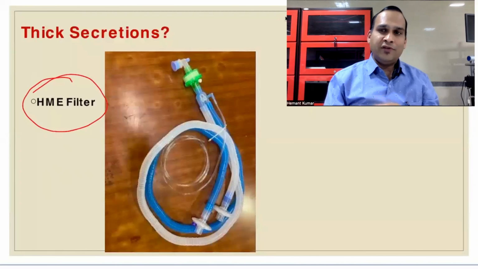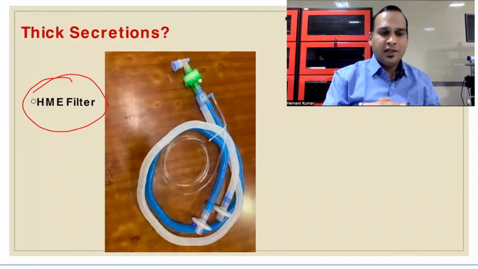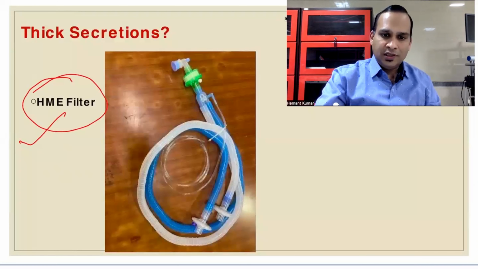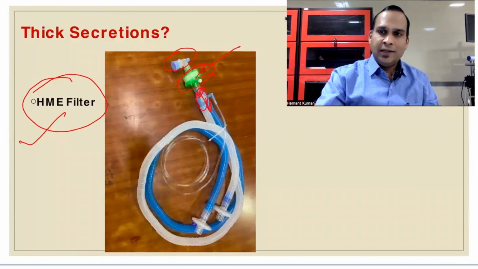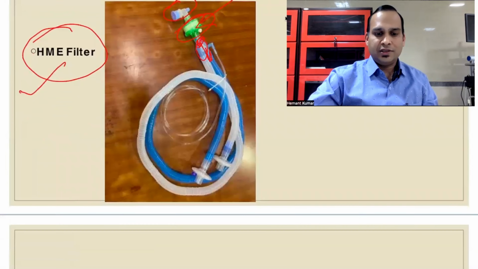But there is a problem of infection with external humidifier. So now the HME filter is the choice for humidification. This is the HME filter, which is applied at the Y junction between the catheter mount and the ventilator circuit. So this will help to humidify secretions.